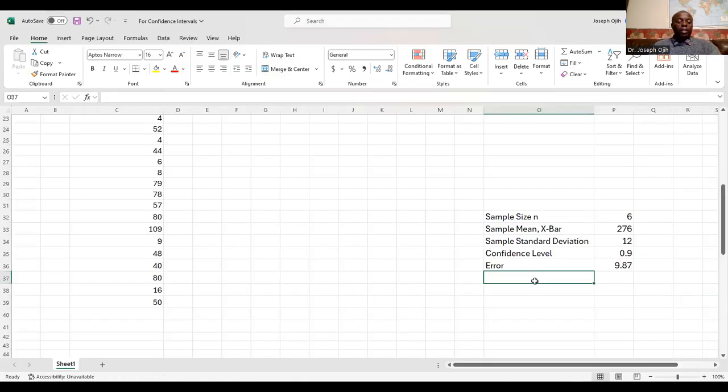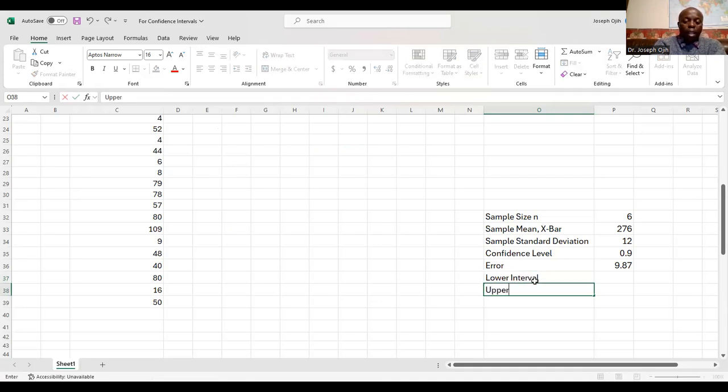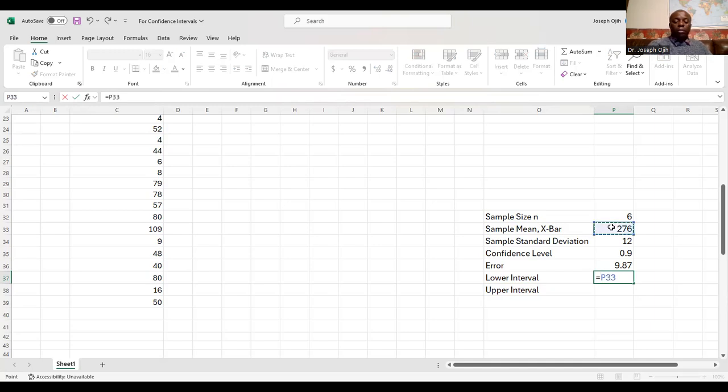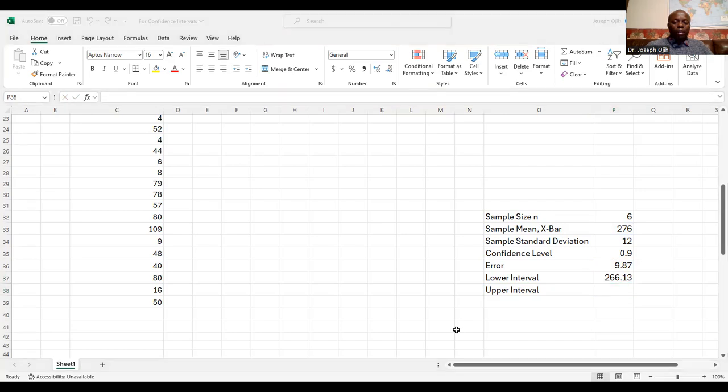Now we can get the lower interval and upper interval. As we already know, for the lower interval, you subtract the error from x bar, which is the mean. That gives 266.13, which is exactly what I got here.